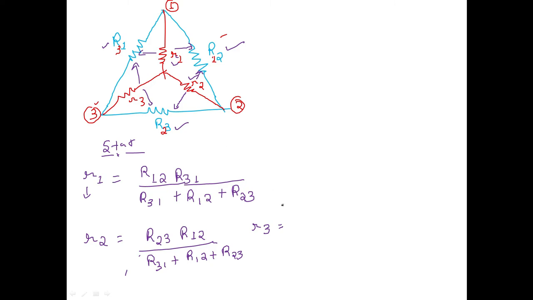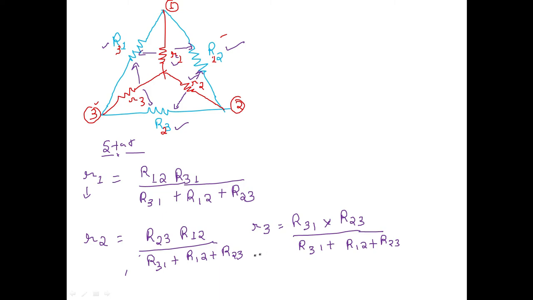So we will multiply R31 by R23, and divide by the summation of all the outer resistance network, R31, R12 and R23. So in this way we'll find the resistances R1, R2, R3 in a star network.